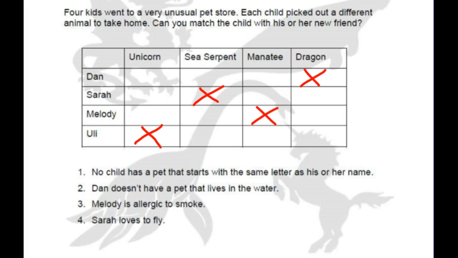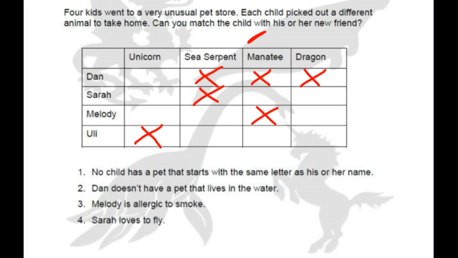Number 2, Dan doesn't have a pet that lives in the water. So do unicorns live in the water? No. Do sea serpents live in the water? They do, so Dan does not have that. And if you don't know what a manatee is, it's a sea creature. I think it's this thing right here. Again, can't have that.